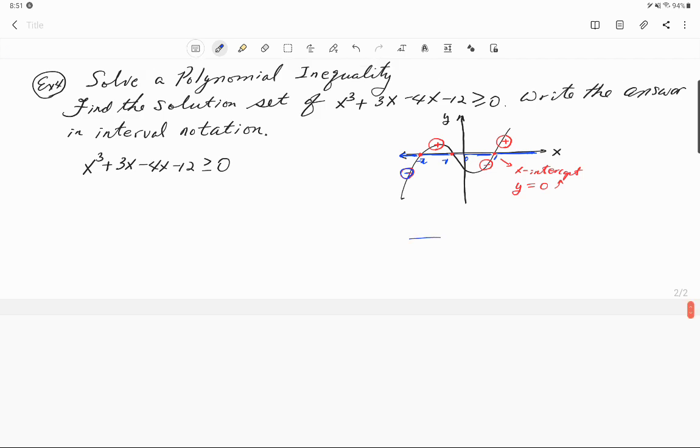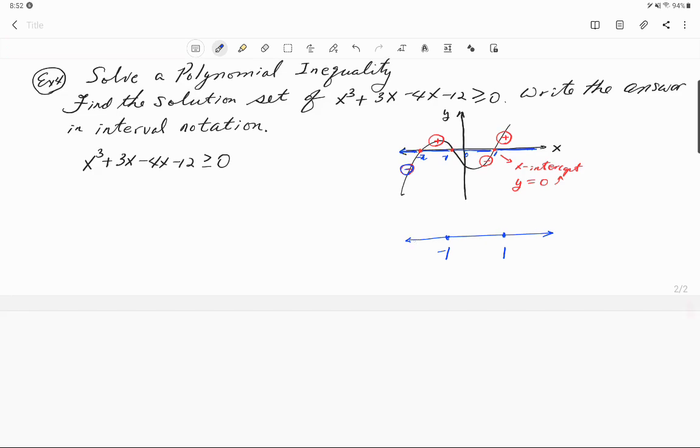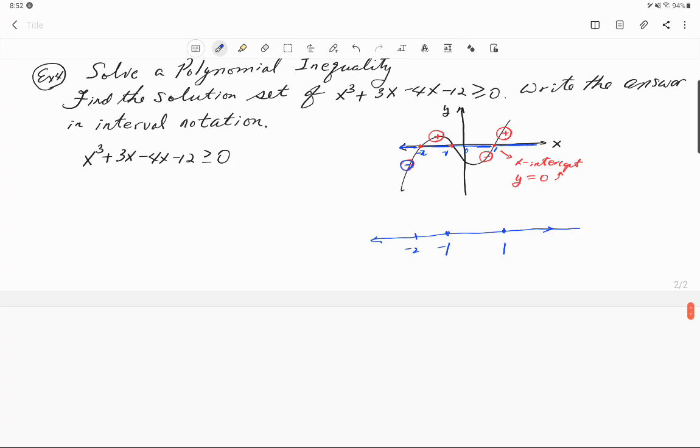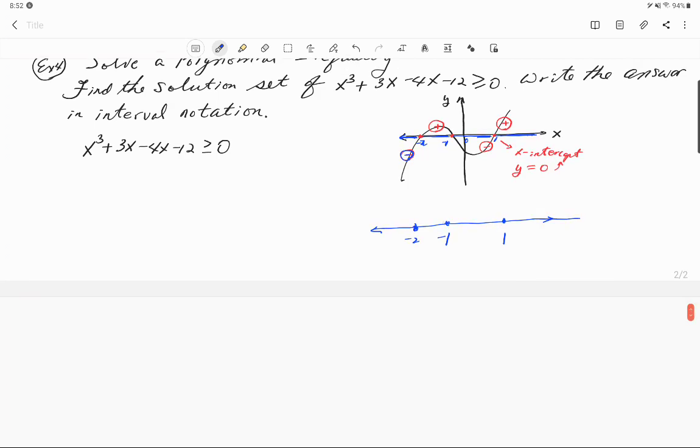So based on the x-intercept, let's say this is -1, this is 1, and also -2. So we can say something like this. When y equals 0, then these are the x-intercepts, right?